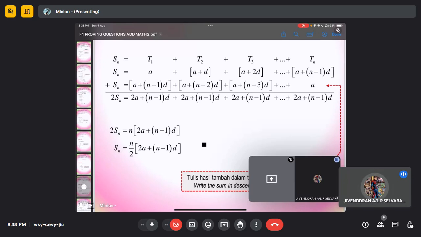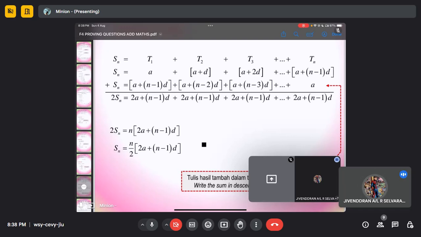We know term 1 is a since it's the first term, and term 2 will be a plus the common difference d, which the question has given. Term 3 will be a plus 2d because we are adding two times the common difference. For the last term, tn equals a plus in bracket n minus 1 close bracket d. Okay, so that's the sequence.